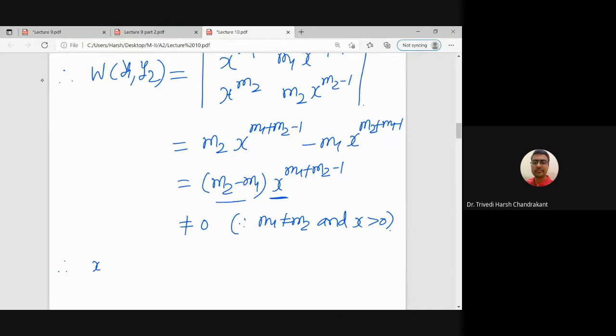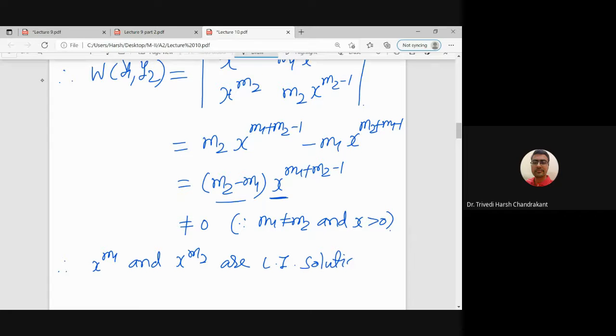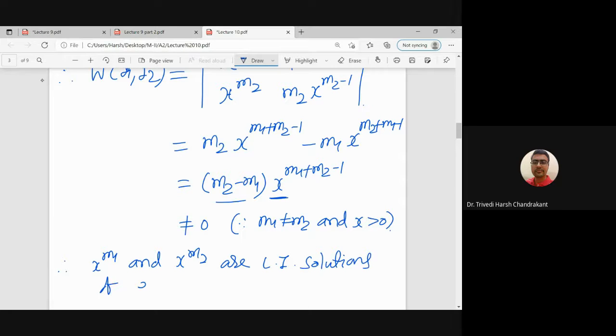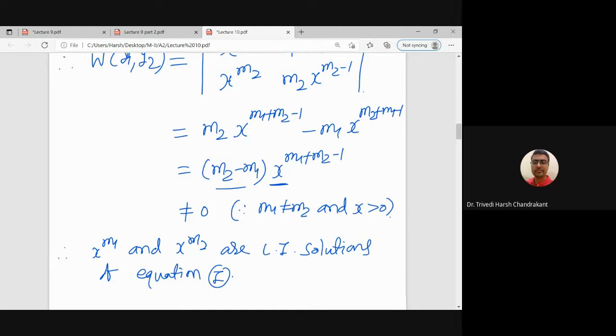Therefore, x power m1 and x power m2 are linearly independent solutions of equation 1. Equation 1 is a homogeneous equation, so we don't need to find the particular solution.